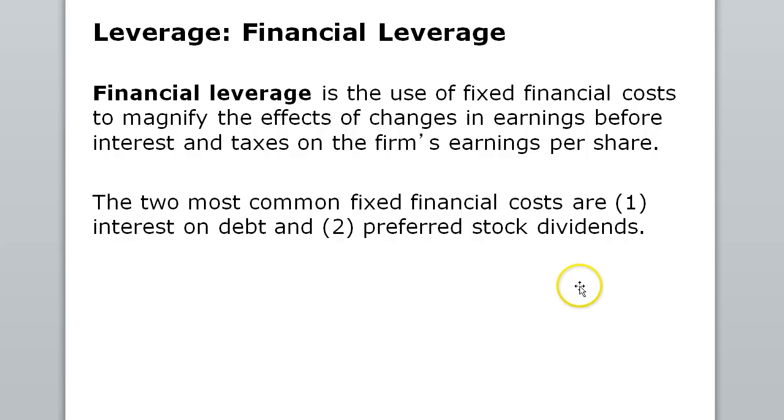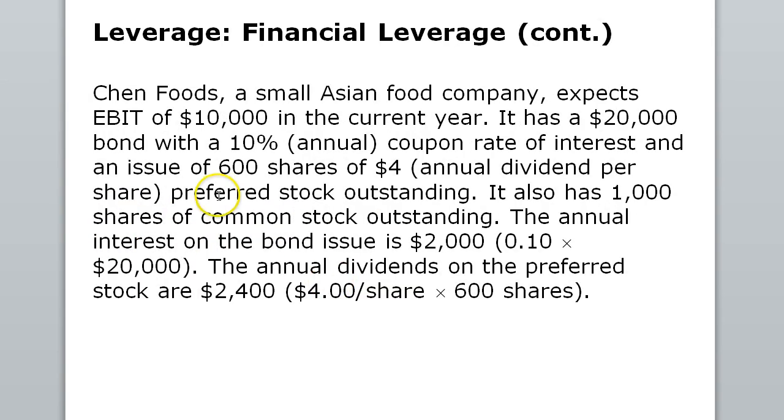Right, so let's move into financial leverage. We're looking at the fixed costs and how they're magnified by changes in earnings before interest and tax to earnings per share. So we're looking at the other side of the income statement. The two most common fixed financial costs are interest on the debt and preferred stock dividends. We'll look at Chen Foods as an example.